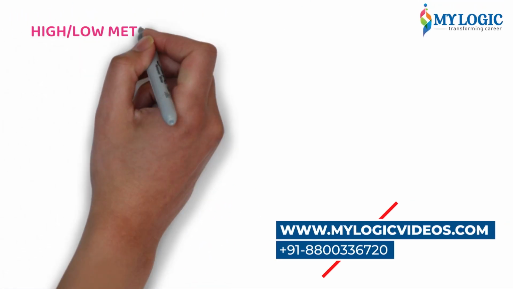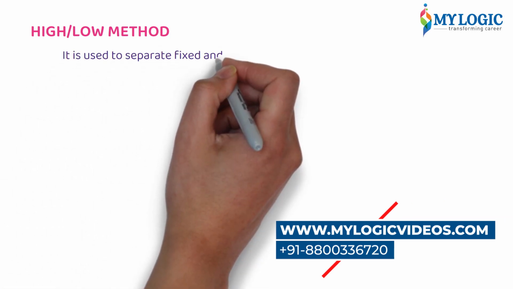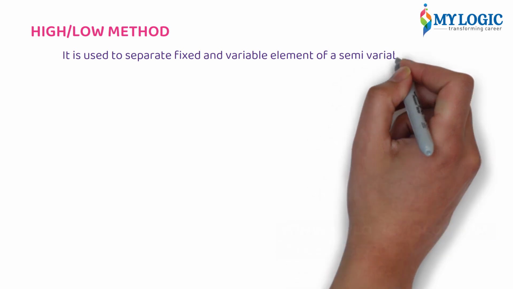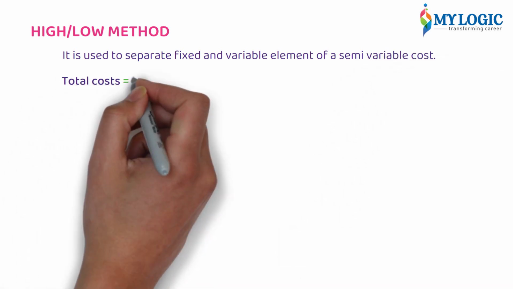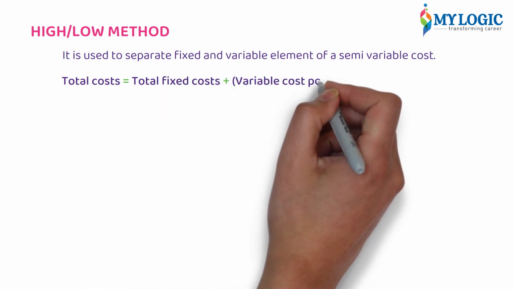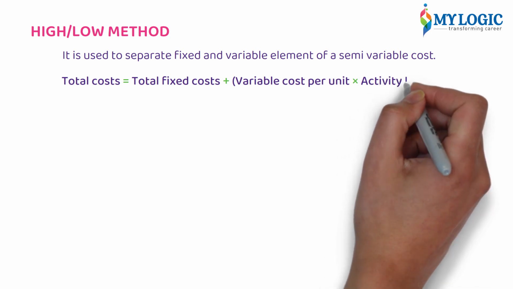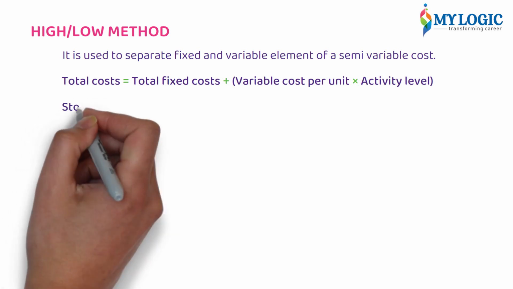High-low method. It is used to separate fixed and variable element of a semi-variable cost. Total costs is equal to total fixed costs plus variable cost per unit multiplied by activity level. Let us look into the calculation. Step 1.